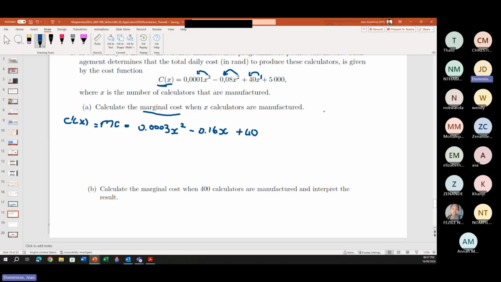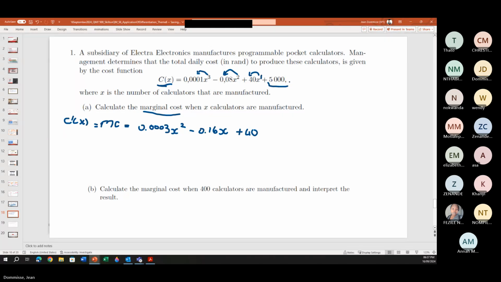And then the differentiation of a constant basically becomes 0. So the first derivative or differentiation of a constant is 0. Okay, so that will be our marginal cost function.